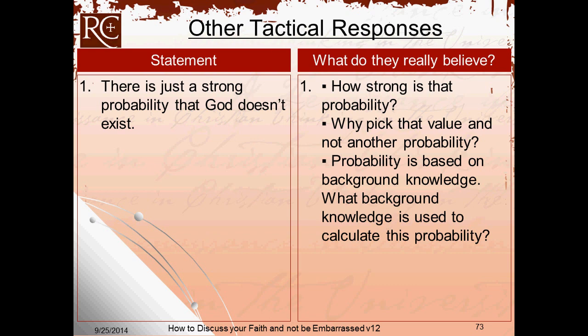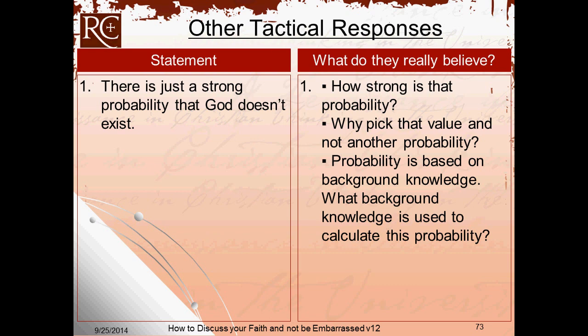An interesting comment here is that there's something called Bayes' theorem, which talks about probability and historicity. And it turns out probability is based on something called background knowledge. If I'm a pro golfer and I have a history of hitting hole-in-ones, then you may hear that I hit a hole-in-one, and that may not be so remarkable.